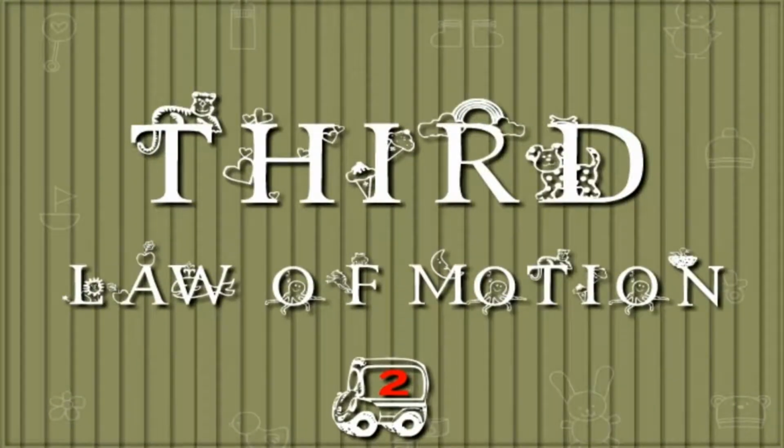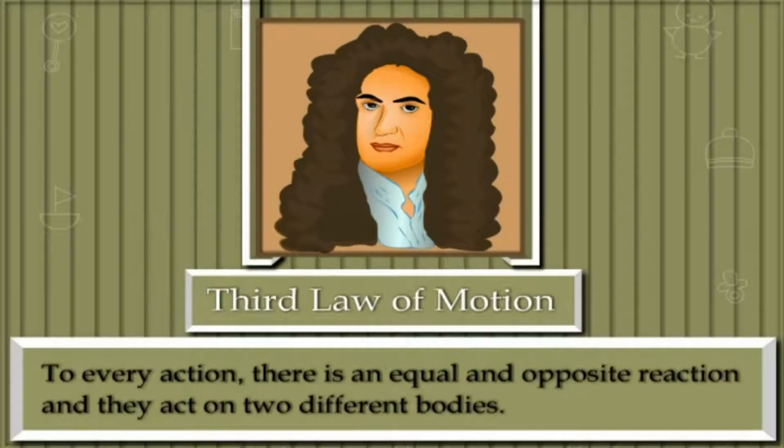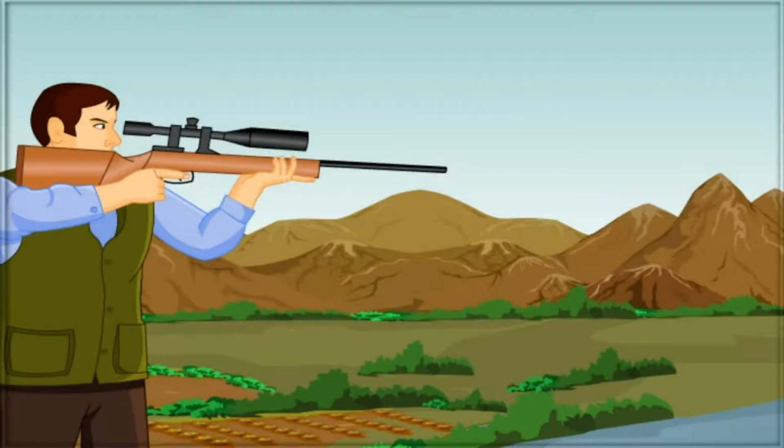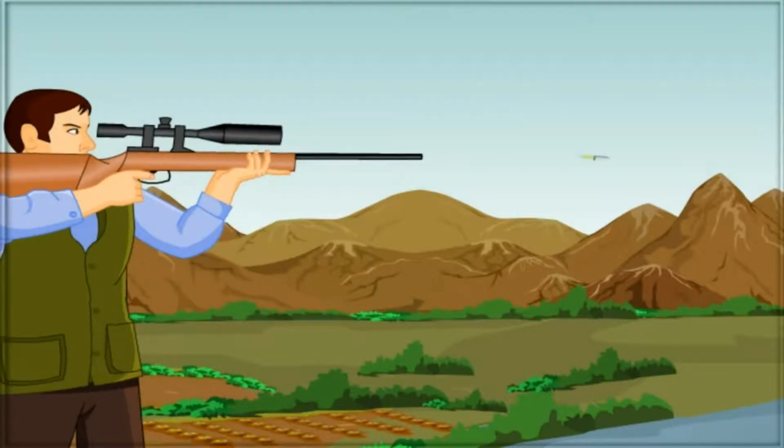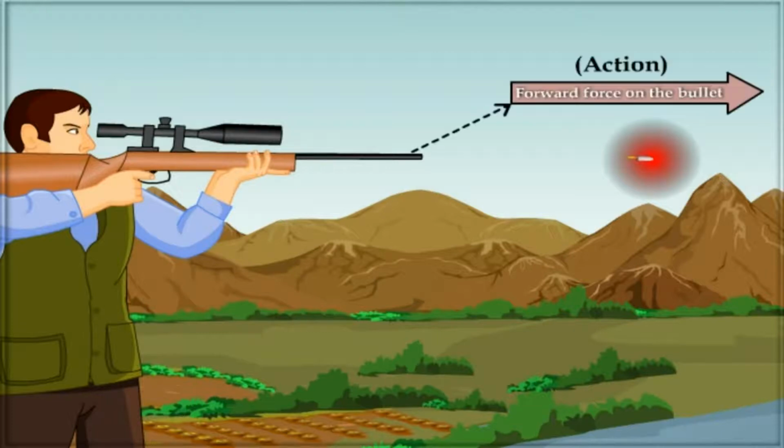Third law of motion, Part 2. You already know the third law of motion. Now we will see some examples from our life, which will illustrate this law of motion. You must have seen that when a bullet is fired from the gun, the gun exerts a forward force on the bullet.